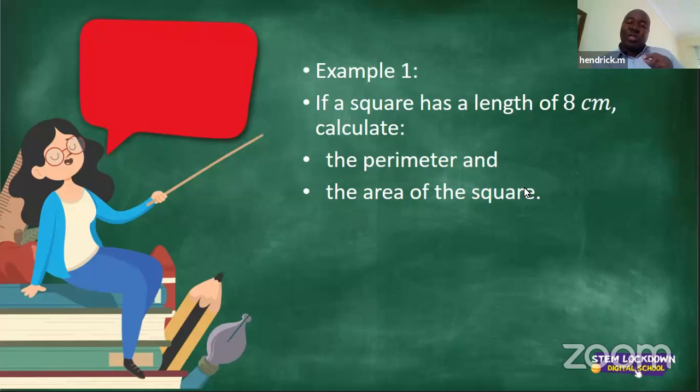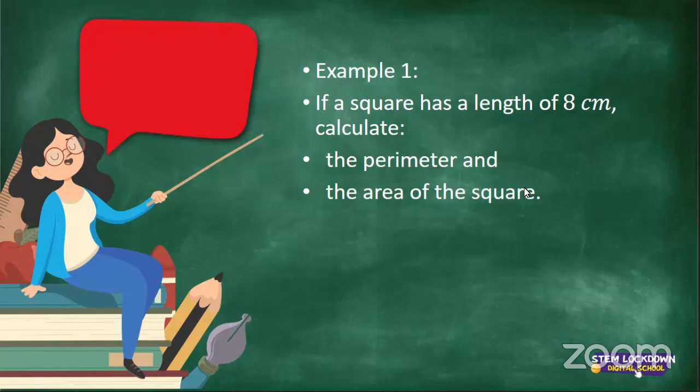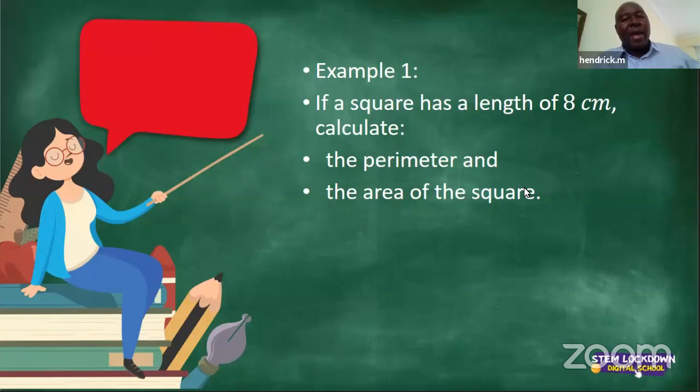Now I want you to use that to calculate the perimeter. How do you calculate the perimeter? Is it length times width or what? Is it 8 times 4 then? Exactly. So it will be 8 times 4, because remember, a square has got how many sides? 4 sides.